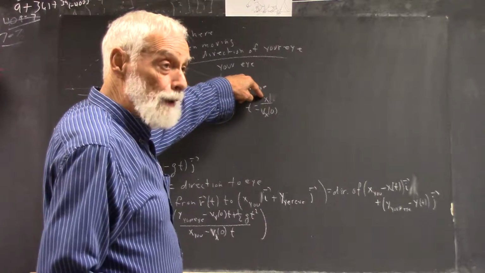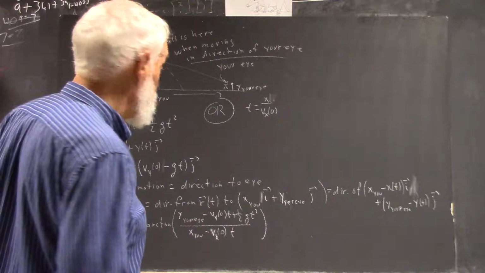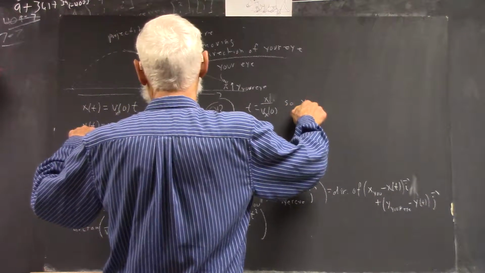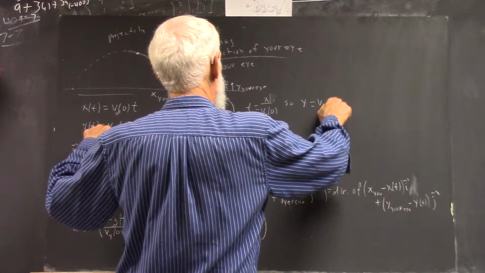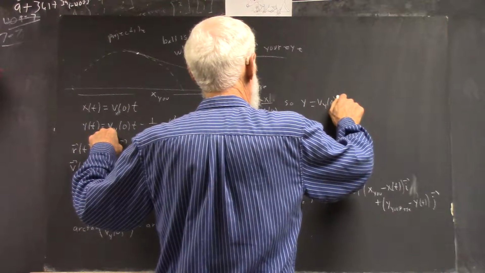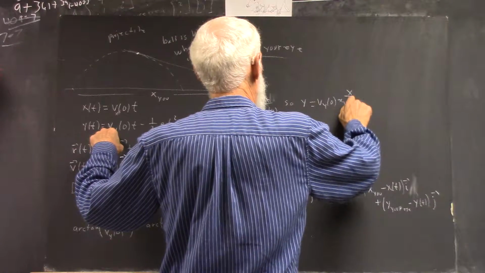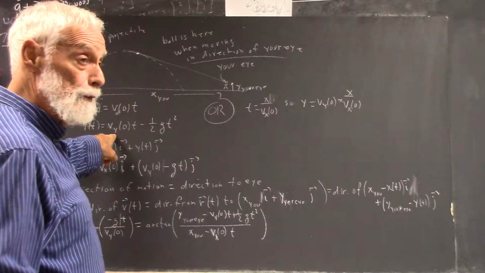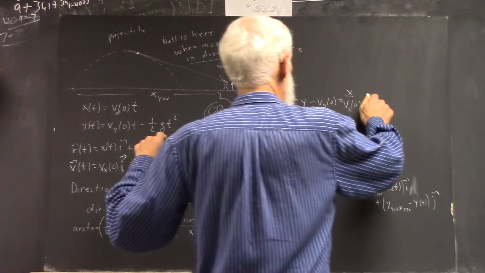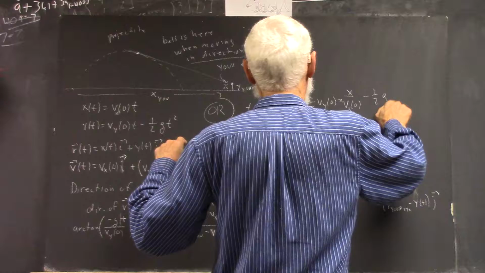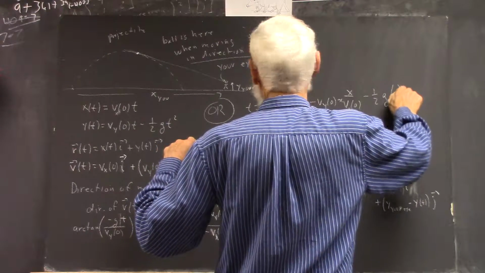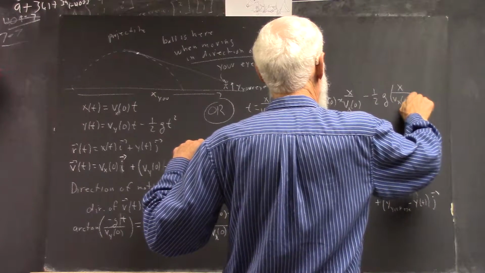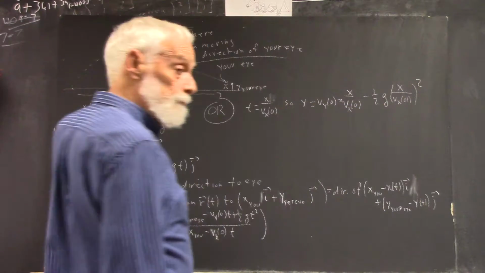But this is a dynamic, x is changing with time. Okay? Then I plug it in here. And I get that for this term, and minus 1/2 g. Okay?